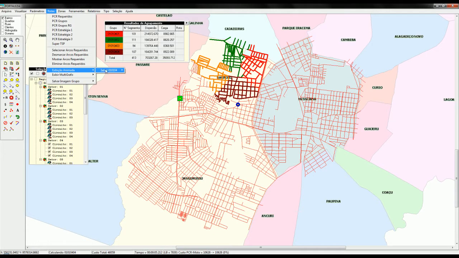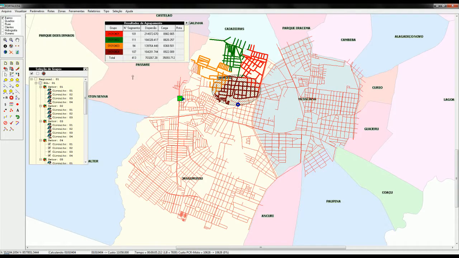The methods generate routes in an optimized sequence considering the starting and arrival points, using state-of-the-art heuristics for the rural postman problem. Let's expose the routes following the sequence suggested by the system.